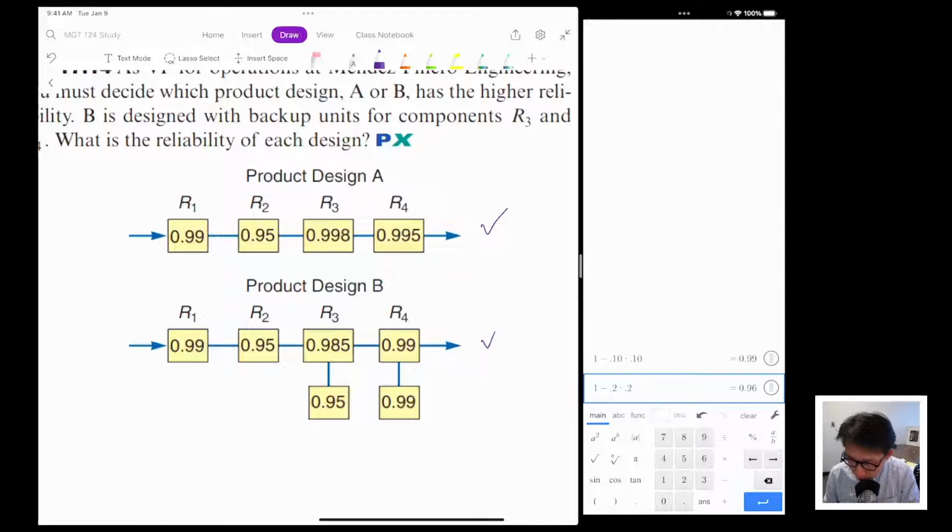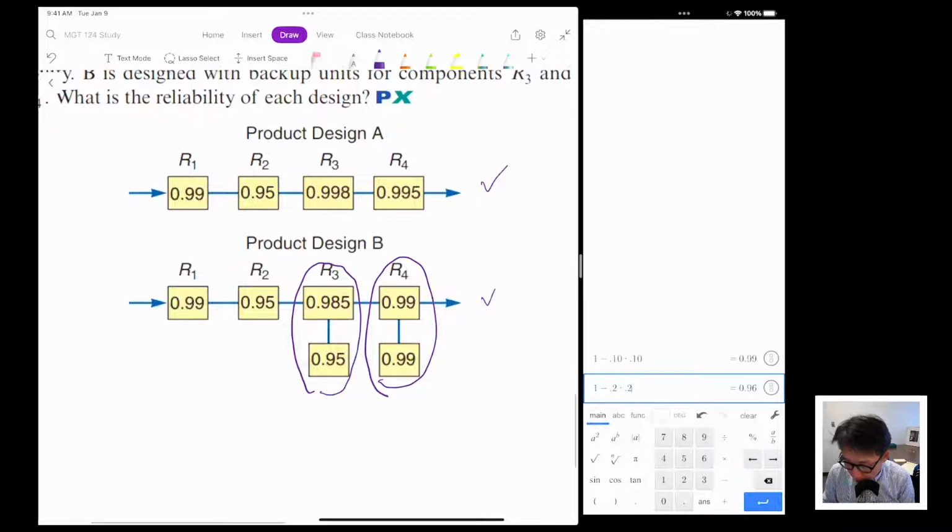I think you must have a sense now of what to do when you try to calculate the reliability of product design B. All you need to do is find the reliability here and here, and it becomes a series system with four components.